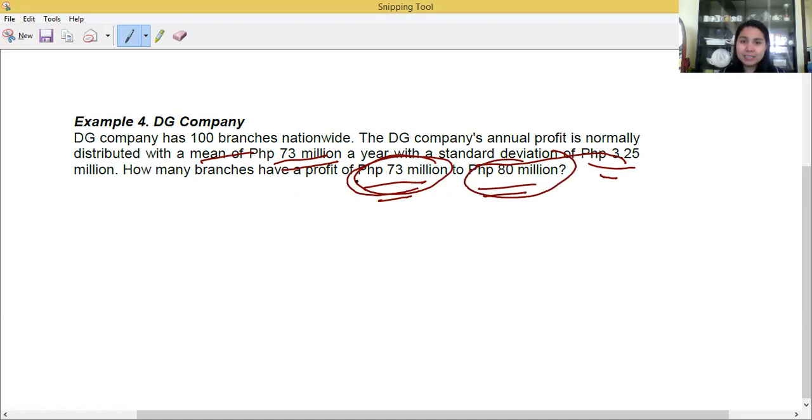Now remember that 73 million is the mean. So the z-score of this is 0. In the next, how about for 80? Let's solve the z-score for 80. We have x minus x bar. Why do I say sample? Because it comes from 100 branches.